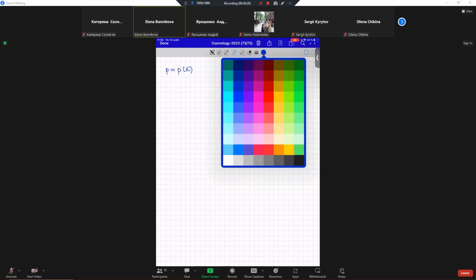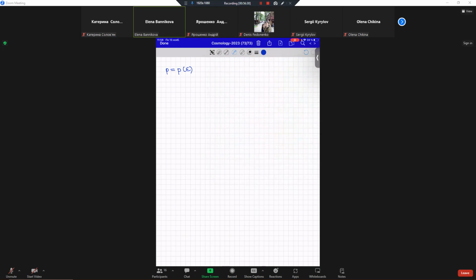In cosmology, we can consider this equation of state just in the form P equal to w multiplied by epsilon, where w is a constant. Why, we will understand a little bit later. Now I just write it down.